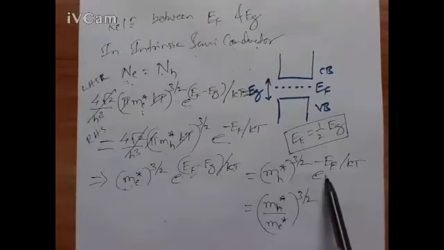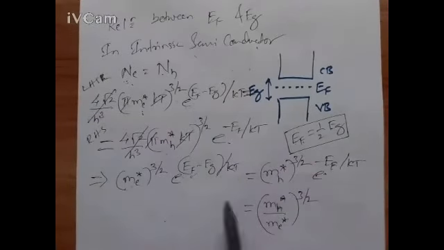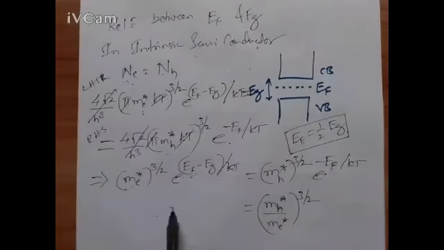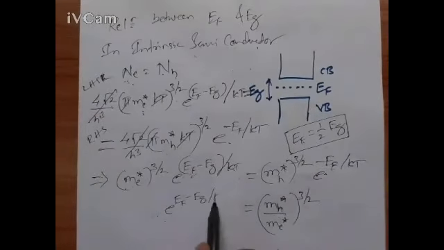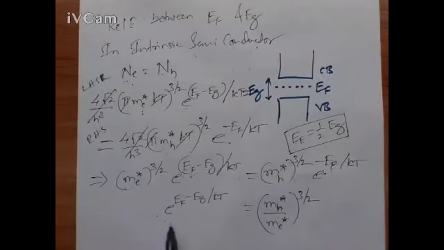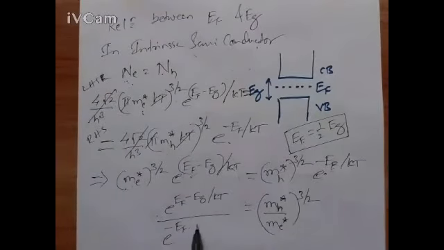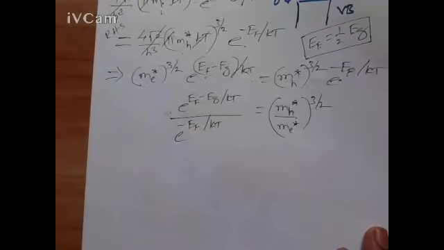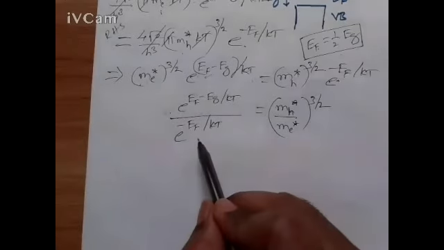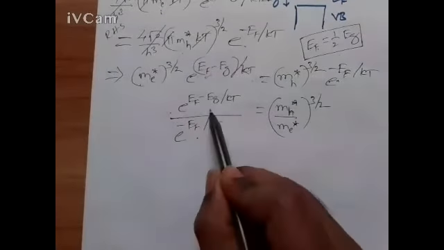Fine. Then I'll take this term, this side. So e to the power EF minus Eg divided by kT, that divided by e to the power minus EF divided by kT. So this is what I get from this equation. Then when I take this denominator to the numerator, what happens?